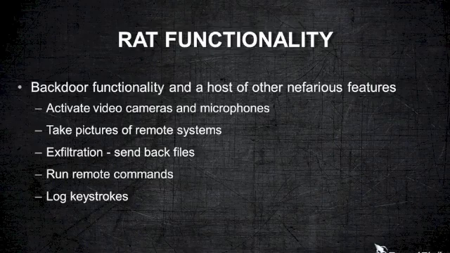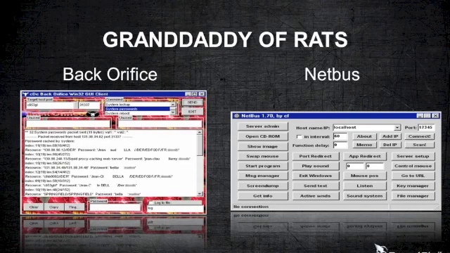As I said before, those threats have been around for a long time. It all started with programs like Orifice and NetBus, which have all kinds of functionality, even prank-like functionality like opening the CD-ROM drive, but also allowing you to actually get information from the computer, like taking screenshots, exfiltrating data, gathering passwords, and so on.